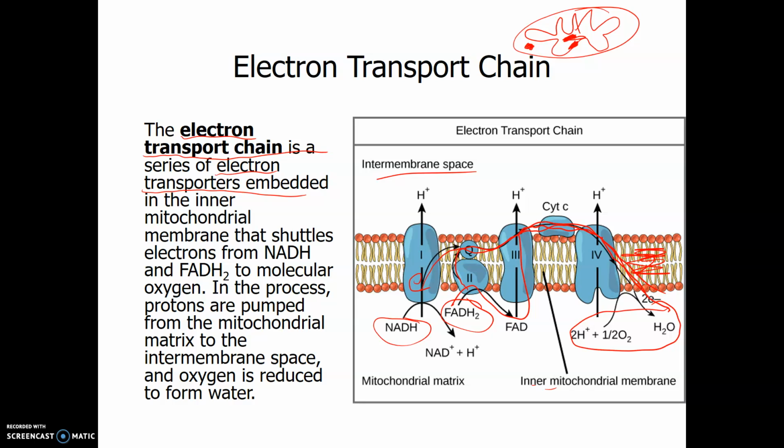If it's an electron from FADH2, it actually goes either this pathway or this pathway. The hydrogen ions are pumped from the matrix into the intermembrane space because of the energy of the electrons. The electrons flowing through the electron transport chain carry energy that allows the hydrogen ions to be pumped out.